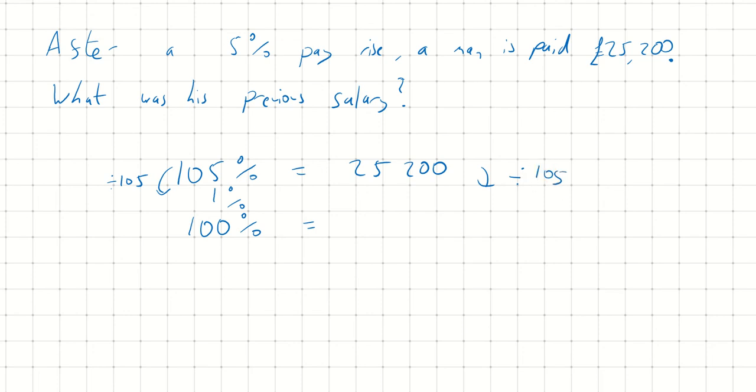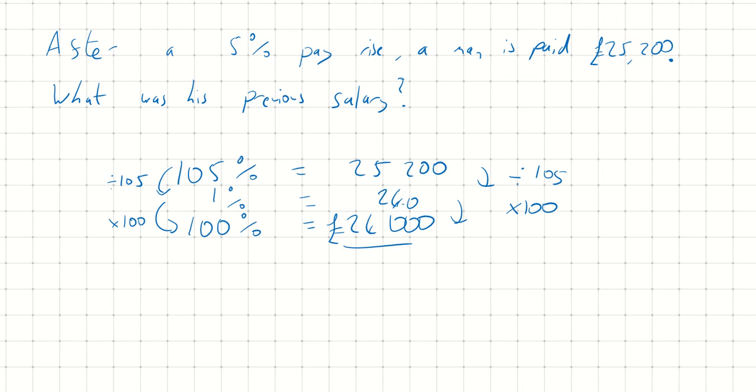That gets us 240. So 1% is 240, and then to get from 1% to 100%, we multiply by 100, and that gives us 24,000. So the original salary is 24,000.